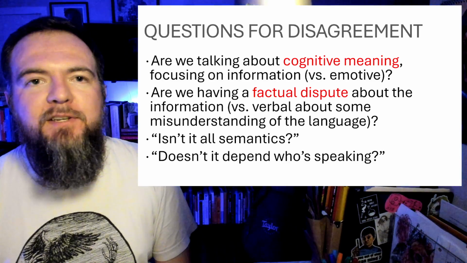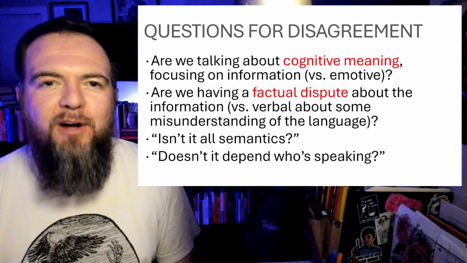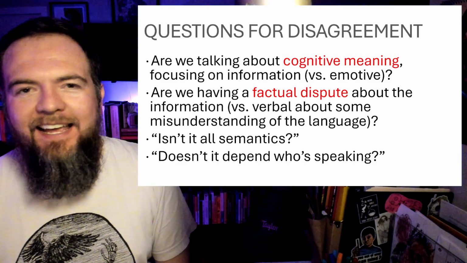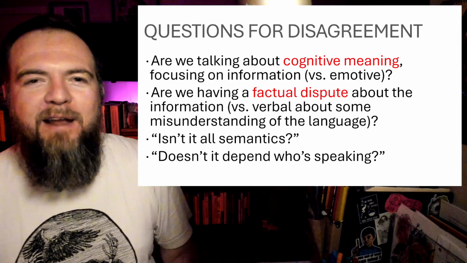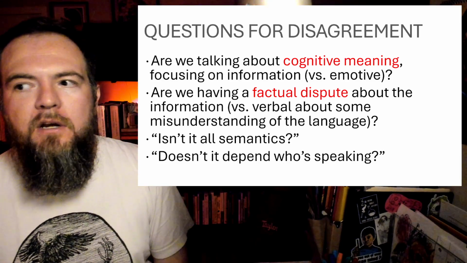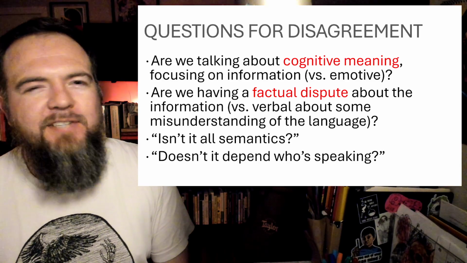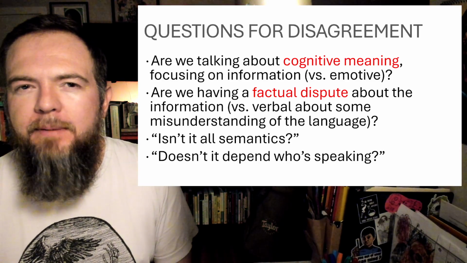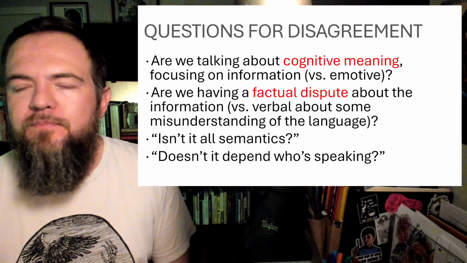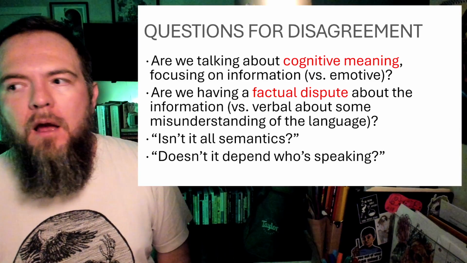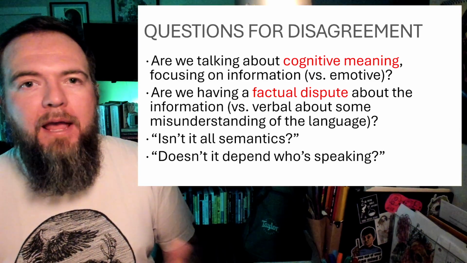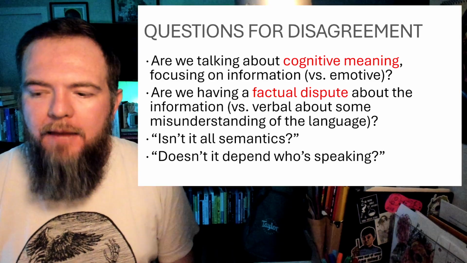If a business owner who had a $5 million stock portfolio and a $10 million mansion said that they weren't rich, we would think that they're saying something really weird about being rich. So yes, it can depend on who's speaking, but there can be better and worse uses of a particular word.